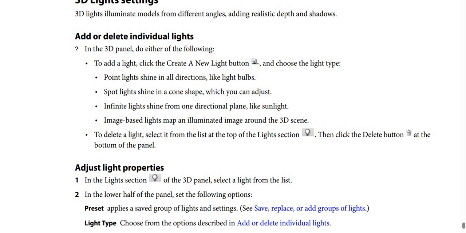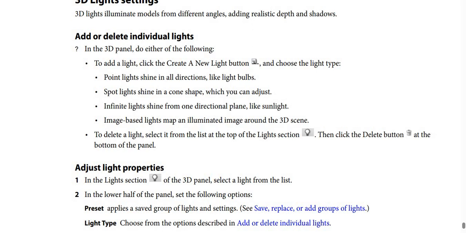To add a light, you should click the create a new light button first, and after that choose the light type. Point lights shine in all directions like light bulbs. Spotlights shine in a cone shape, which you can adjust. Infinite lights shine from one directional plane, like sunlight.